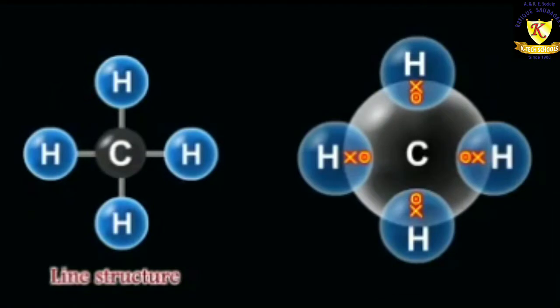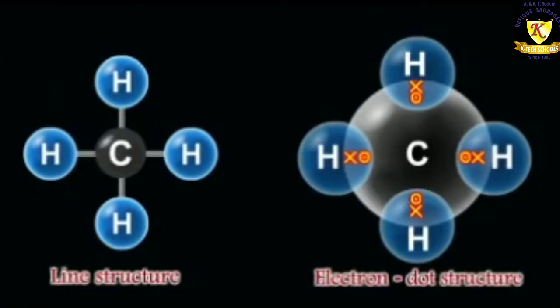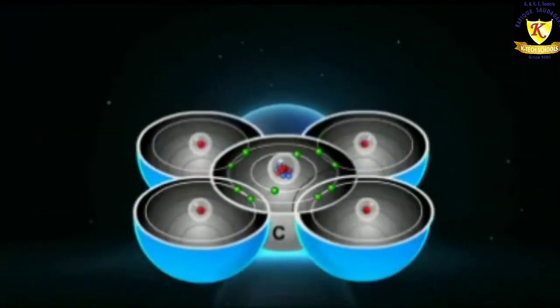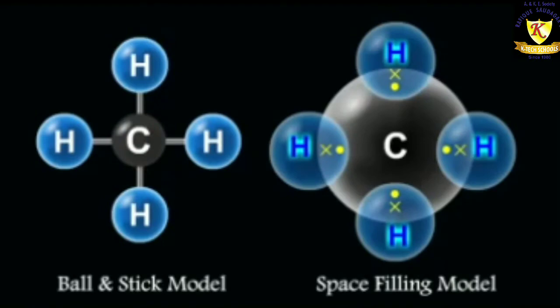This figure shows the line structure and also the electron dot structure of methane. To understand the structure of carbon compounds, various types of molecular models are used. The figure shows the ball and stick model and space filling model of the methane molecule.